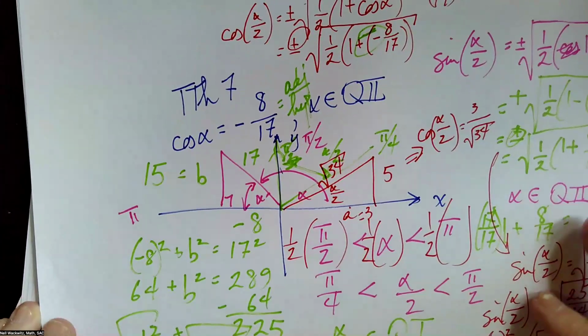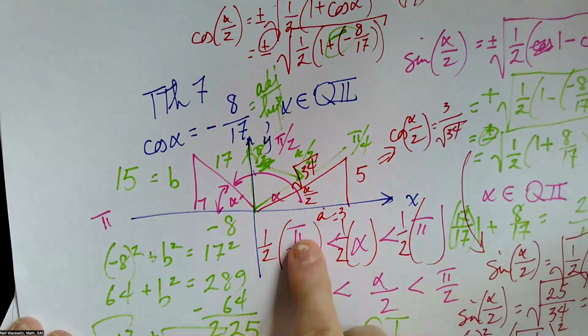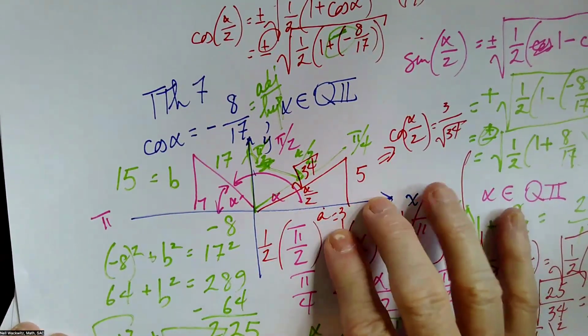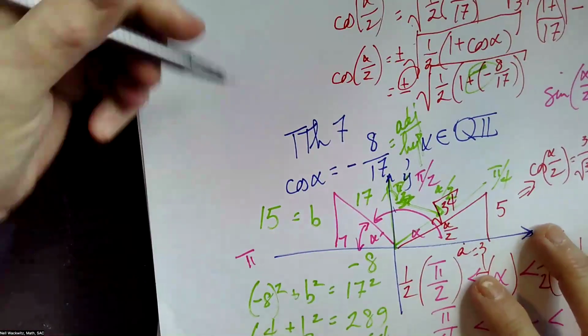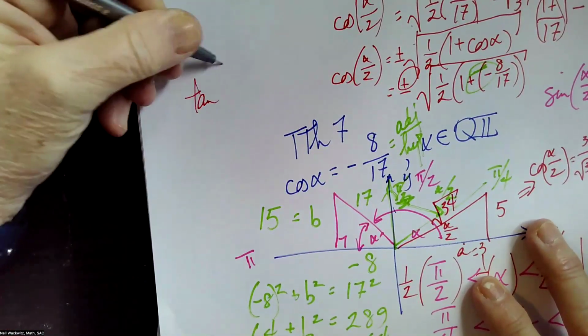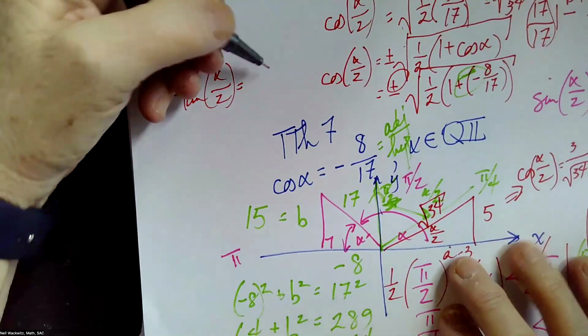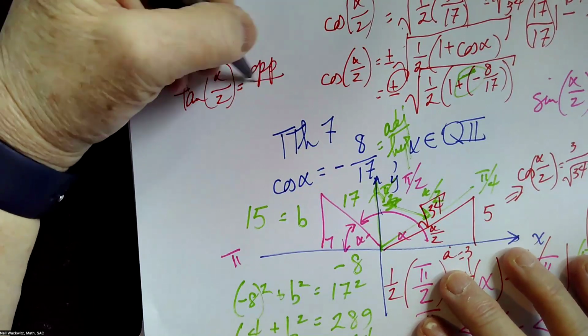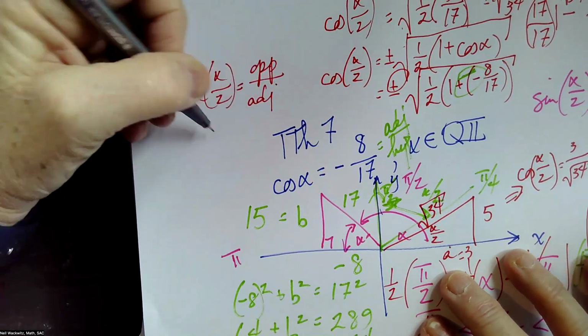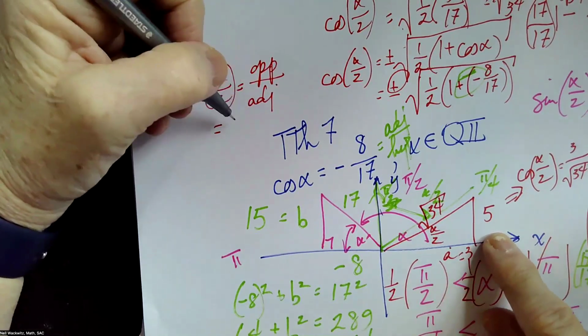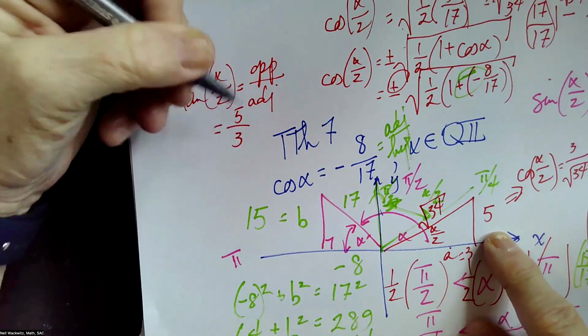To find the tangent of alpha over 2, we could just use this triangle and we know that tangent is opposite over adjacent, and that should be 5 over 3.